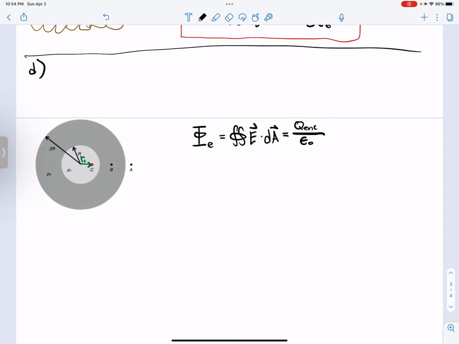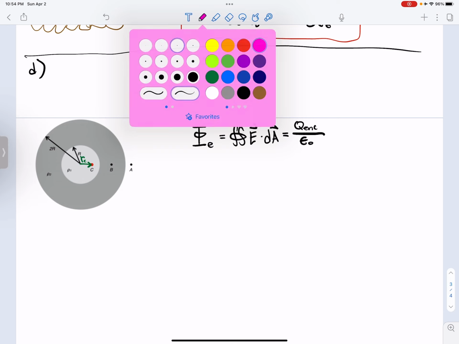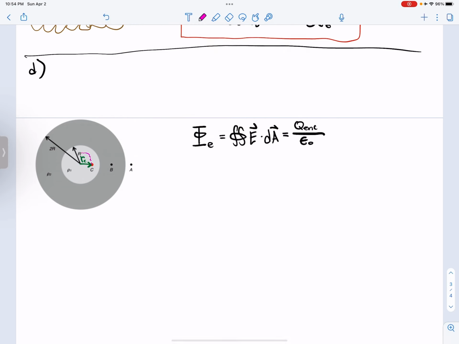Okay. And because the Gaussian surface that I am choosing will be a sphere right here with a radius RC. I know my circle isn't perfect, but imagine that's a perfect circle in pink. Okay, so that's my sphere, my Gaussian sphere, my Gaussian surface. It's a sphere.